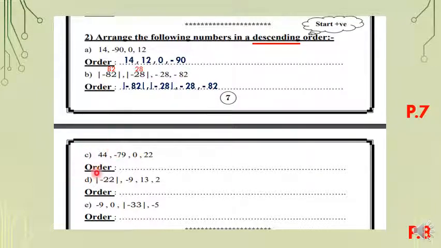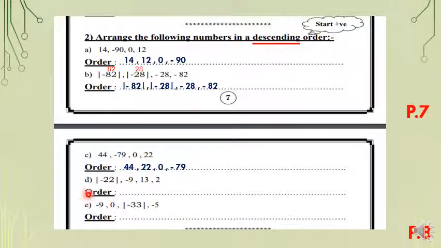Letter C, we have 44, negative 79, 0, and 22. Letter C is on page 8. Here we need to arrange from big to small. The biggest number here is 44, then 22, then 0, then negative 79.